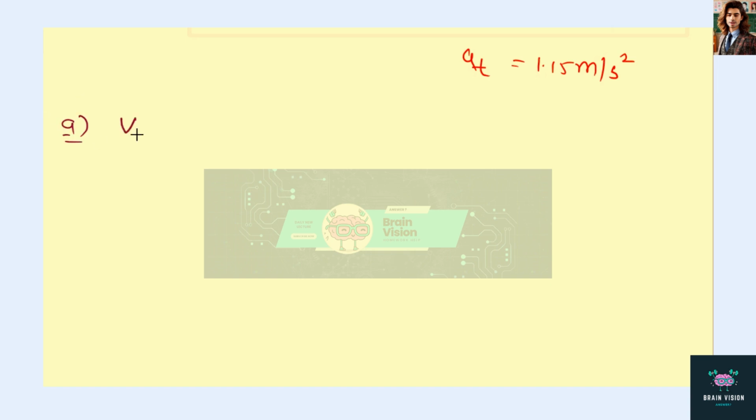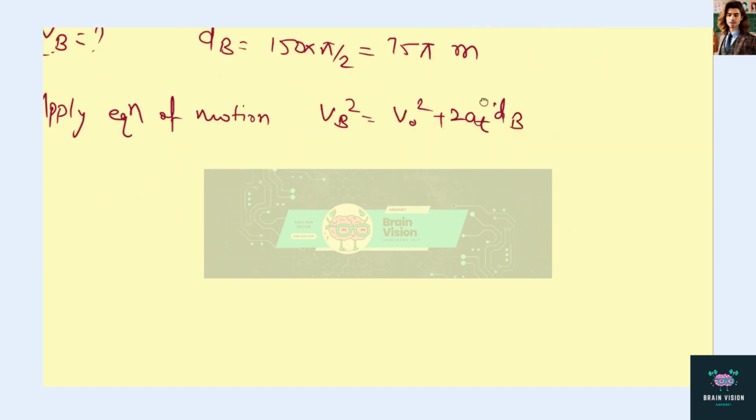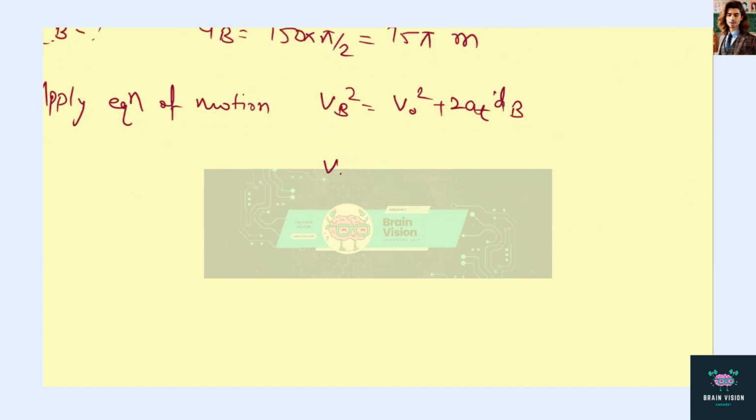Now in the first part of the problem we have to find the speed at point B, that is VB. The distance covered at that point is 150 into pi by 2, which comes out to be 75 pi meters. Now applying the equation of motion, Vb square is equal to V naught square plus 2 into tangential acceleration into distance dB.